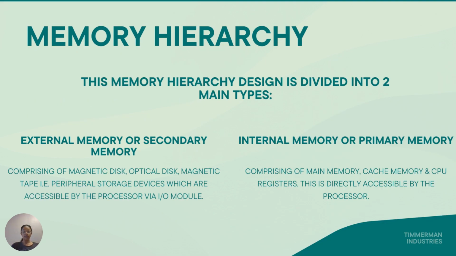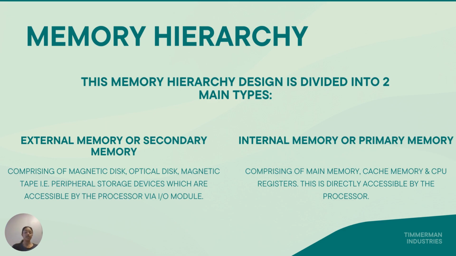Now, this memory hierarchy is basically divided into two main types, which are external memory and internal memory, or say primary memory. External memory, which is also called secondary memory, comprises magnetic disk, optical disk, and magnetic tape, that is peripheral storage devices which can be accessed by the processor via a module.